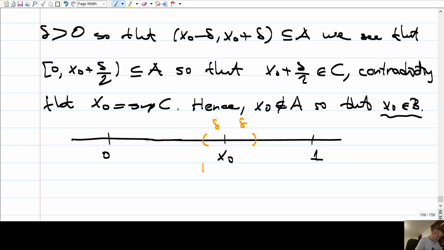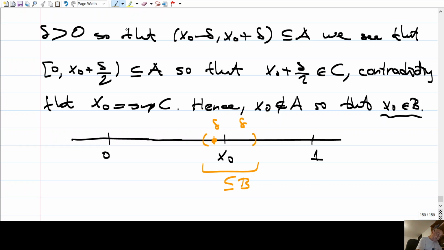And this thing should lie inside B because B is open. But then this point would be inside A because 0 to x0 is in A, and it's also in B. So we see that x0 minus delta over 2 would be both in A and B, and also in the interval 0, 1, and that's a contradiction.